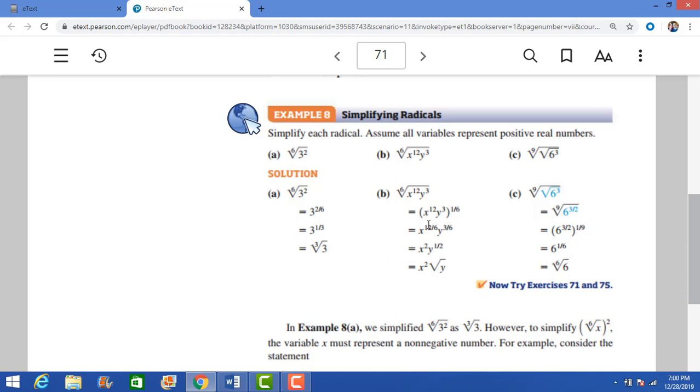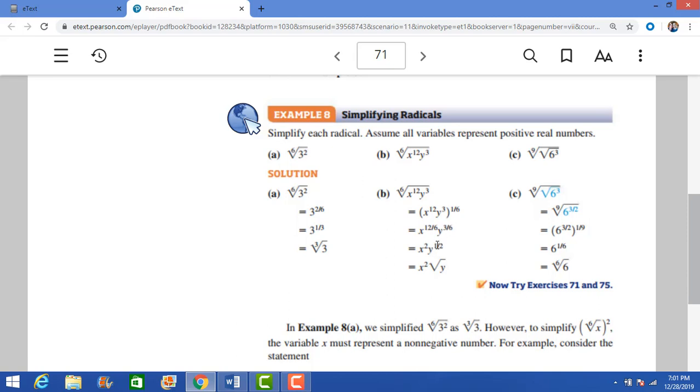We want these exponents, these fractions, in lowest terms by eliminating the common factor. This is going to reduce to 2, and this is going to reduce to 1/2.